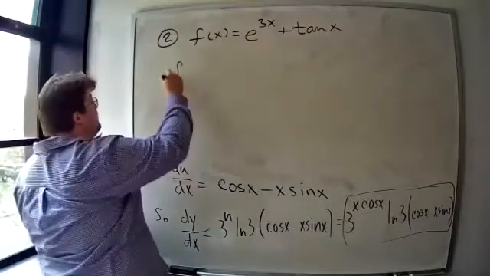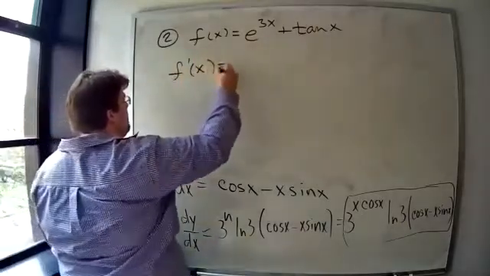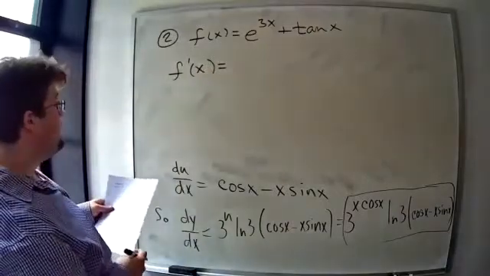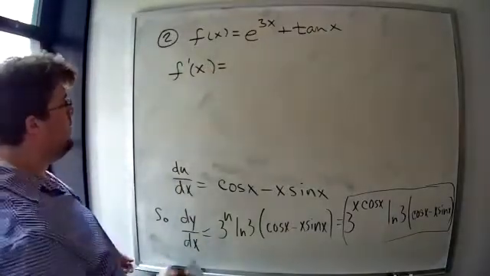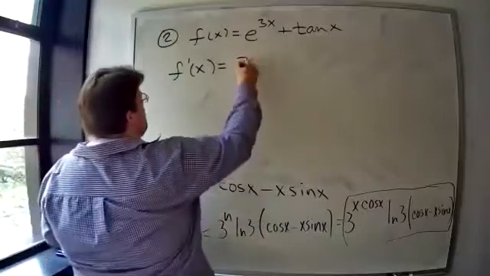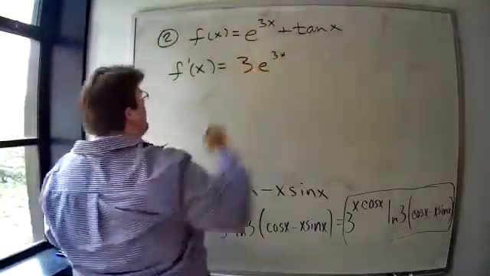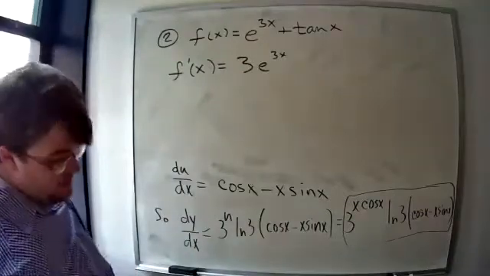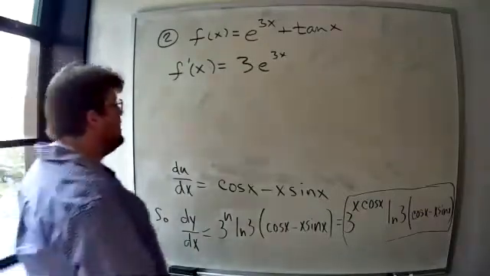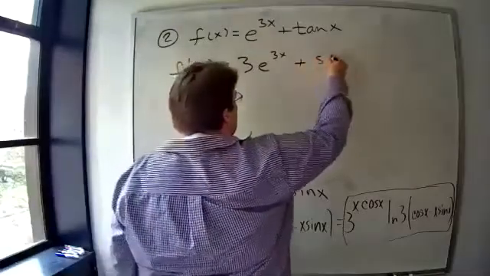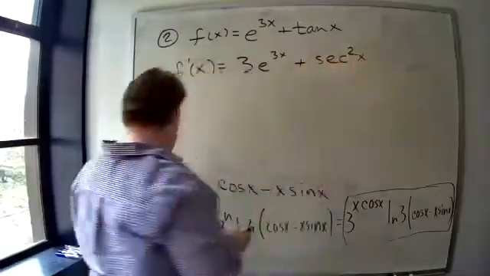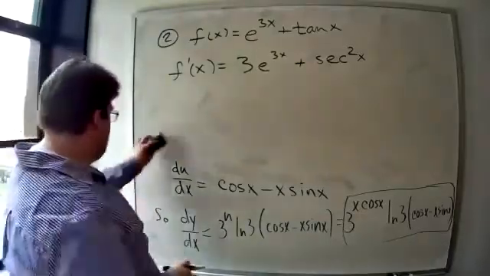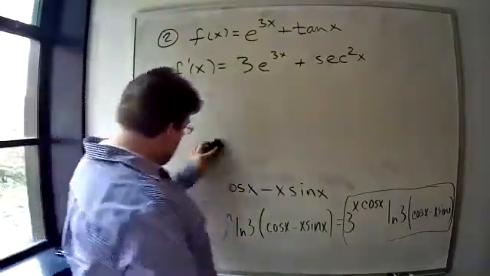So the first derivative, in problem 1c, we saw how to take the derivative of e to the 3x. It was 3 e to the 3x. We also saw how to take the derivative of tangent of x. Derivative of tangent of x was secant squared of x. So here we have the first derivative.